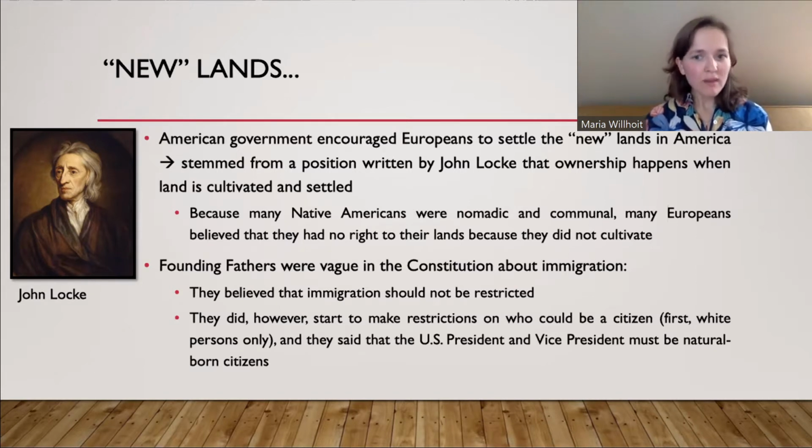However, in the late 1700s, when the Constitution was already written, there started to be restrictions on who could be a citizen. Obviously, when you come to America, even today, you're not automatically a citizen. There are laws in place for how you have to become one. Generally, first of all, you have to have a proper visa.